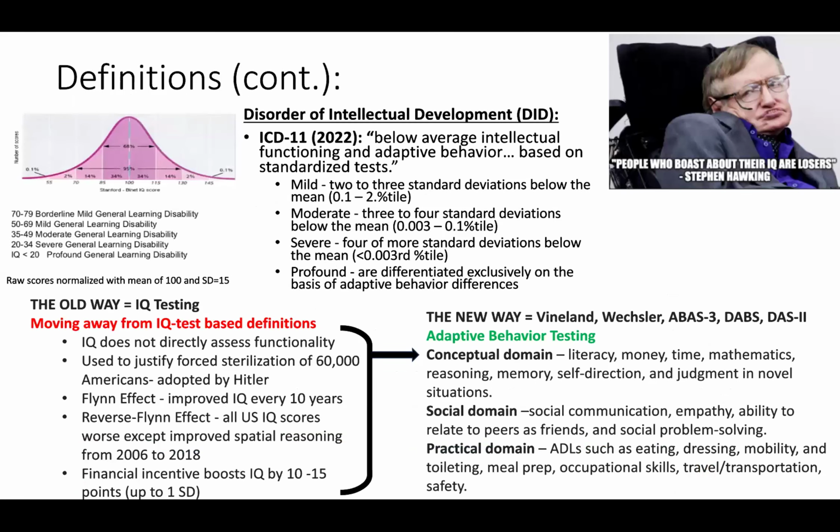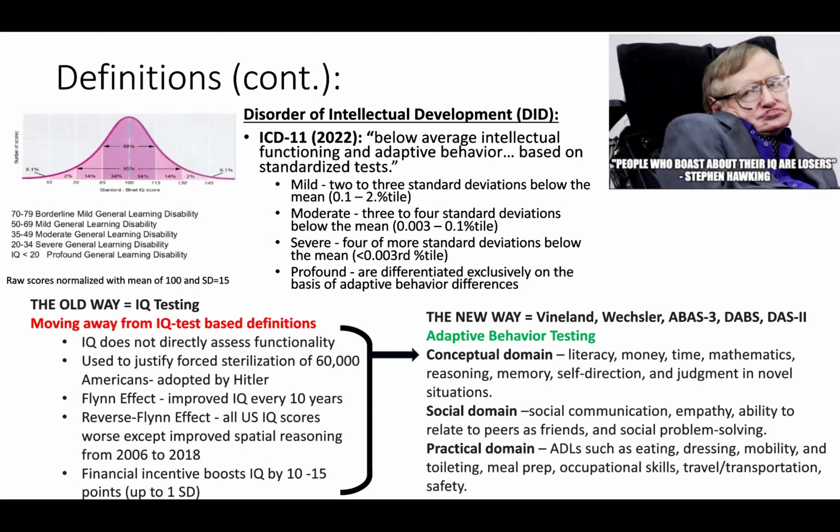So just continuing definitions, it's a busy slide here, but I wanted to talk about the origin of IQ for a second, because I think it's important if we're going to be using these metrics to understand their limitations. So basically, everything is disorders of intellectual development going forward.